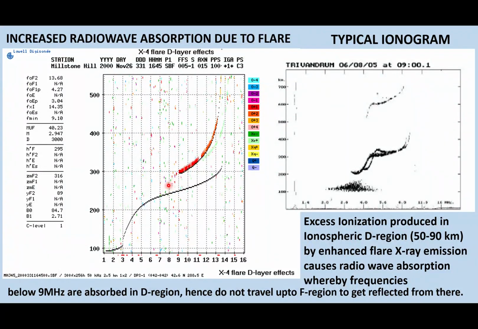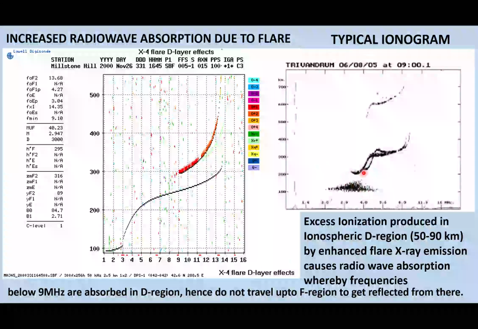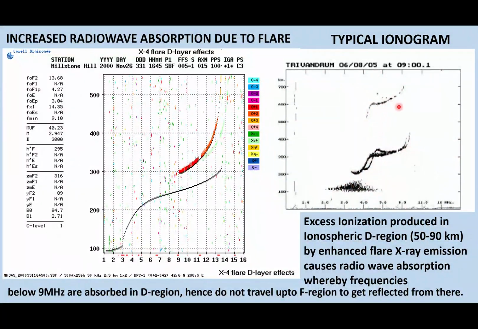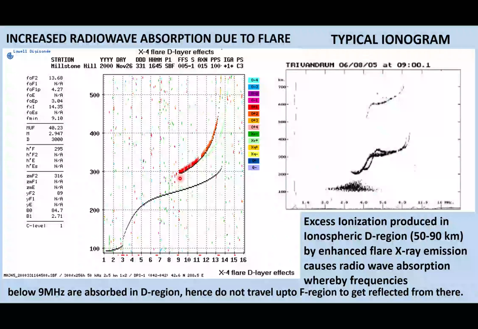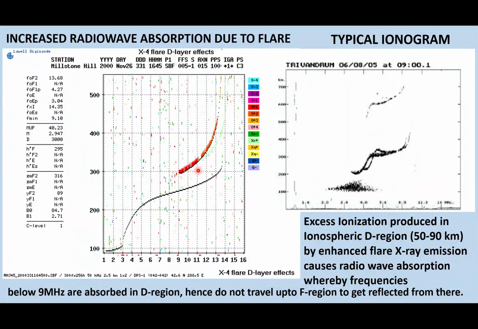Here is a standard ionogram. You should get a trace corresponding to the E layer, something corresponding to F1, something corresponding to F2. But when a flare occurs, because of the heavy absorption in the D region, the frequencies which are to be reflected from the E region or F1 region do not propagate upward to that region because they are getting absorbed.